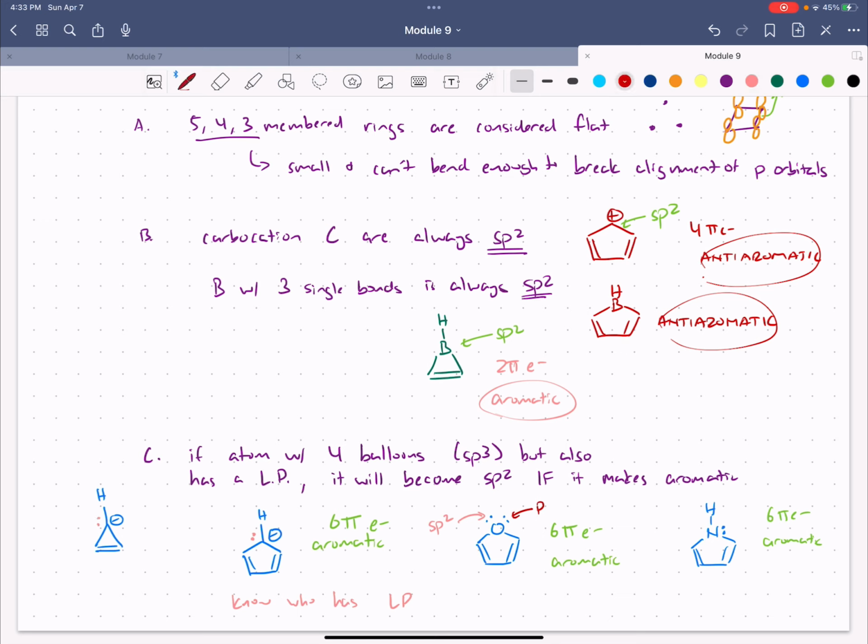But you notice, if the carbanion is sp2, I will get kicked up to only 4 pi electrons, from 2 to 4. That's anti-aromatic. That's sad. So instead of making sp2, we will stay at sp3 and make it non-aromatic.